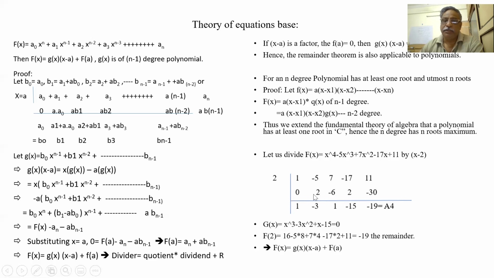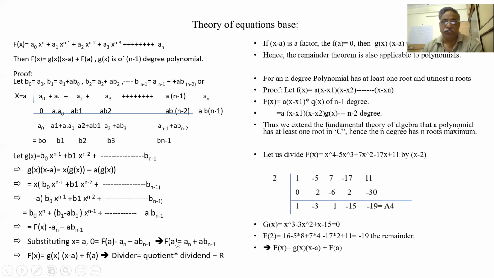So out of this slide, what did we understand? We understood that the remainder theorem, dividend is equal to divisor into quotient plus remainder, is applicable for polynomials also. And also we understood f of a is the remainder of the system.